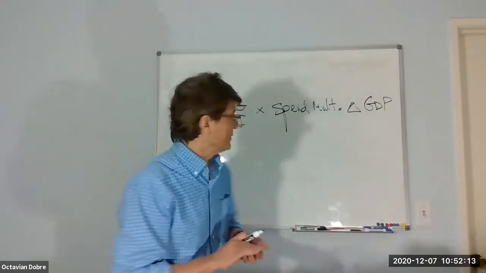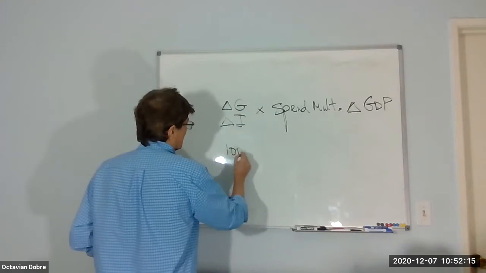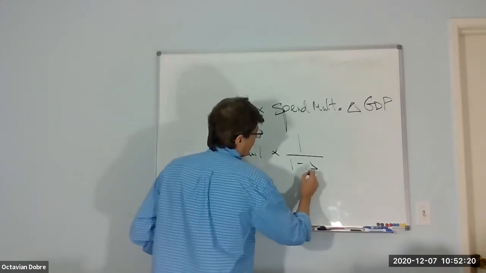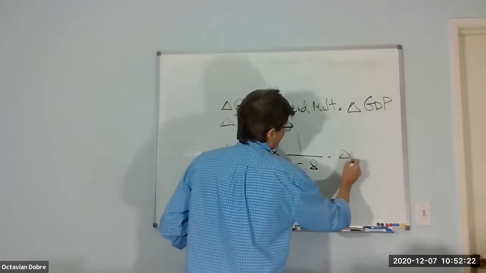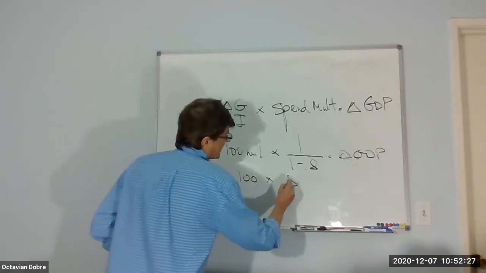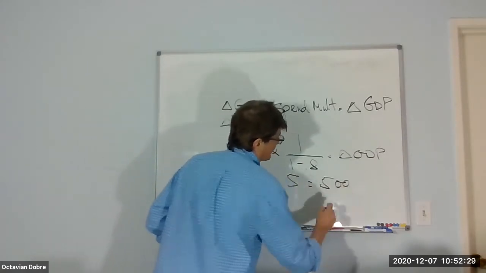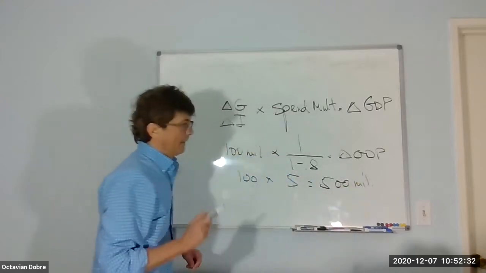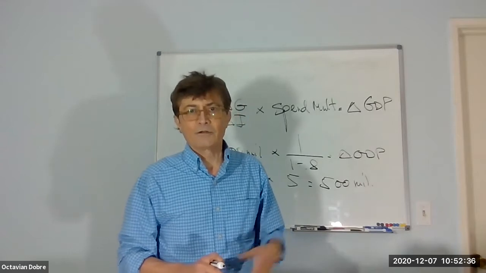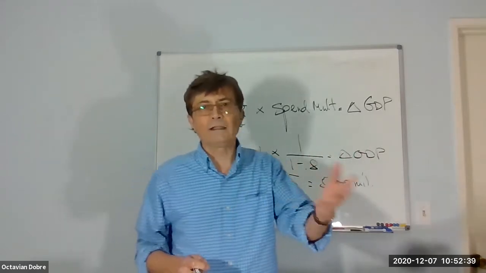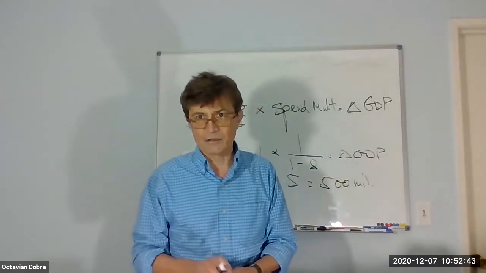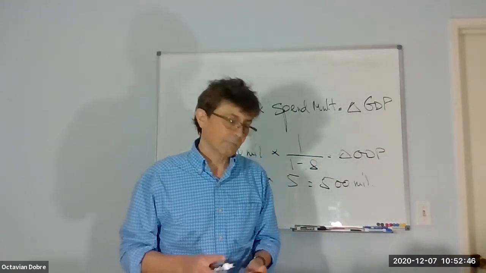And you say, okay, this is 100 million times 1 divided by 1 minus 0.8 is equal to the change in GDP. And you have 100 times 5 equals 500 million. That's going to be your answer. Okay. So depending on what the MPC is, you're going to have different changes in the GDP. Okay. All right.